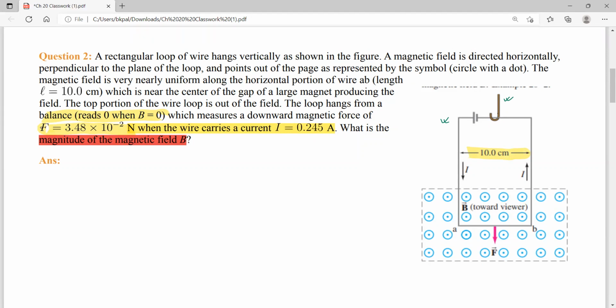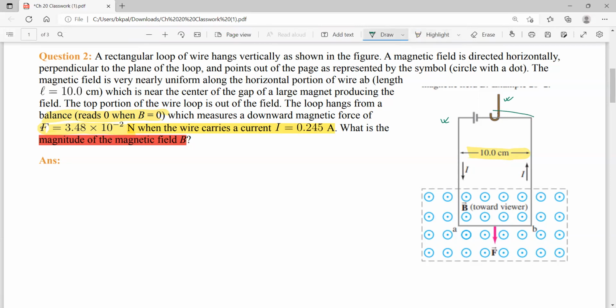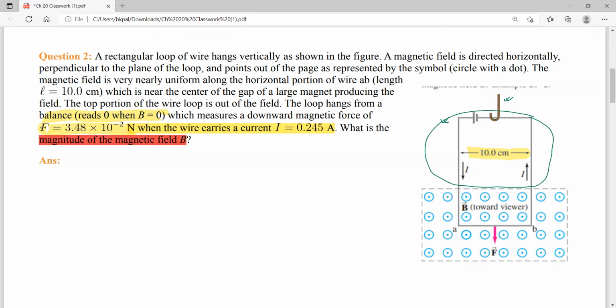All right, so let's try. Here you see that this part is out of the magnetic field, so there will be no magnetic force here, and then there will be magnetic force here and here. Now you see that the magnitude of the magnetic field is uniform everywhere in this problem.